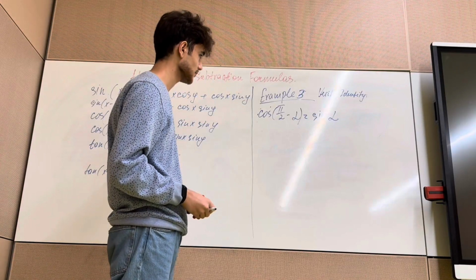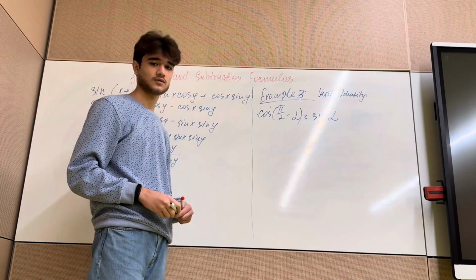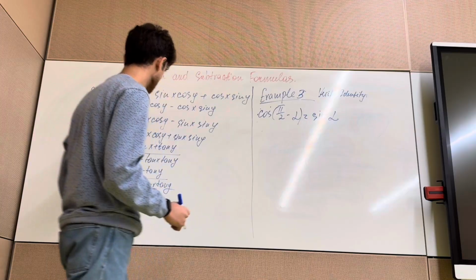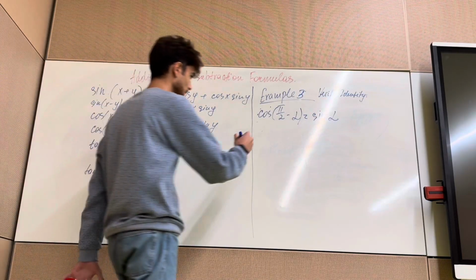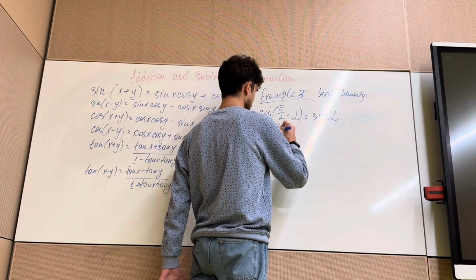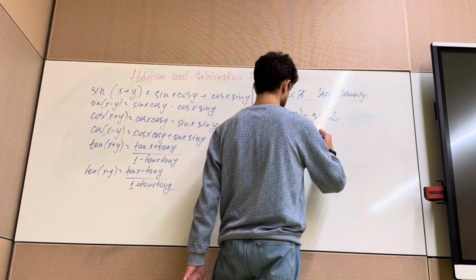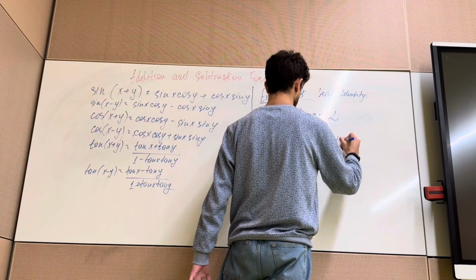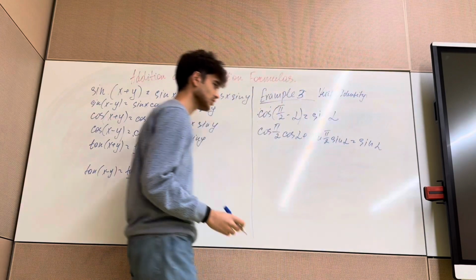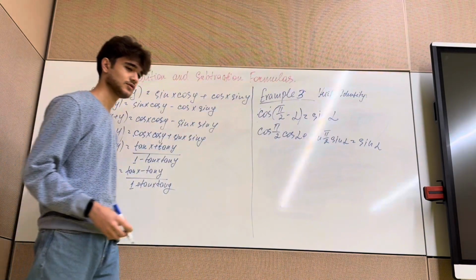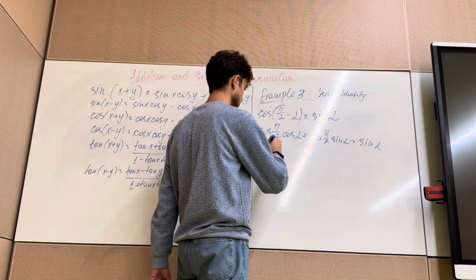As you see, cosine of pi over 2 minus alpha can be expanded the way we see in this formula. So we write it this way: cosine pi over 2 cosine alpha plus sine pi over 2 sine alpha, which equals sine alpha. In order to prove the identity, we first see what cosine pi over 2 and sine pi over 2 are.